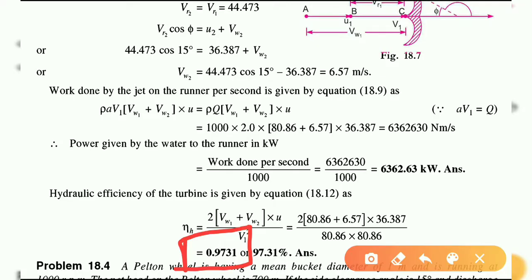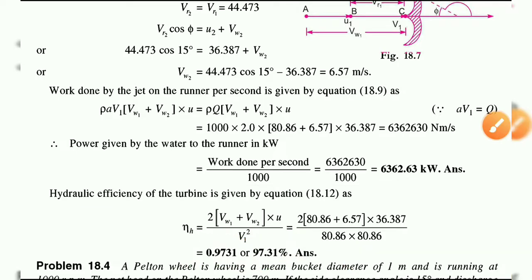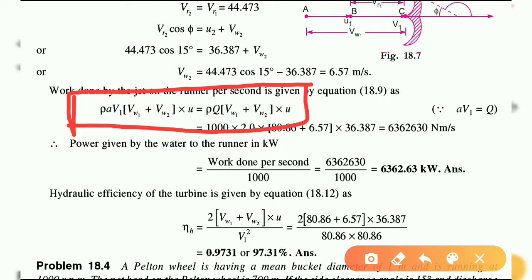In the percentage form it can be also written as 97.31%. So these are the two major formulas which we should remember while solving the problems on the Pelton wheel. These are the work done. By this work done formula, we can either calculate the work done or the power delivered by the water to the runner, and using this hydraulic efficiency formula we can calculate the hydraulic efficiency.